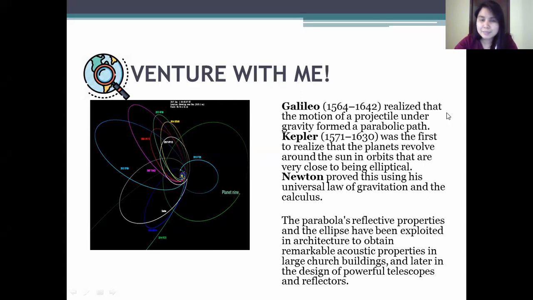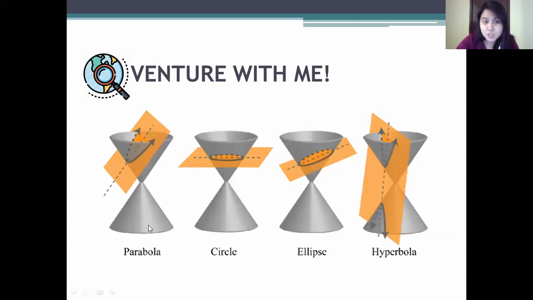Now, what are these? I told you a while ago of conic sections. These are two cones. Imagine that. If you slice the cone in a slanting way, we get a parabola. If we slice the cone parallel to the ground, we form a circle in between.